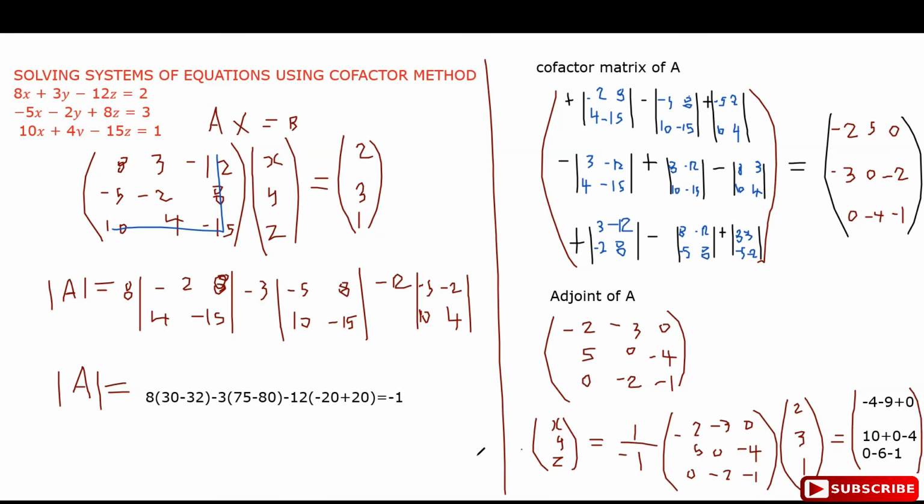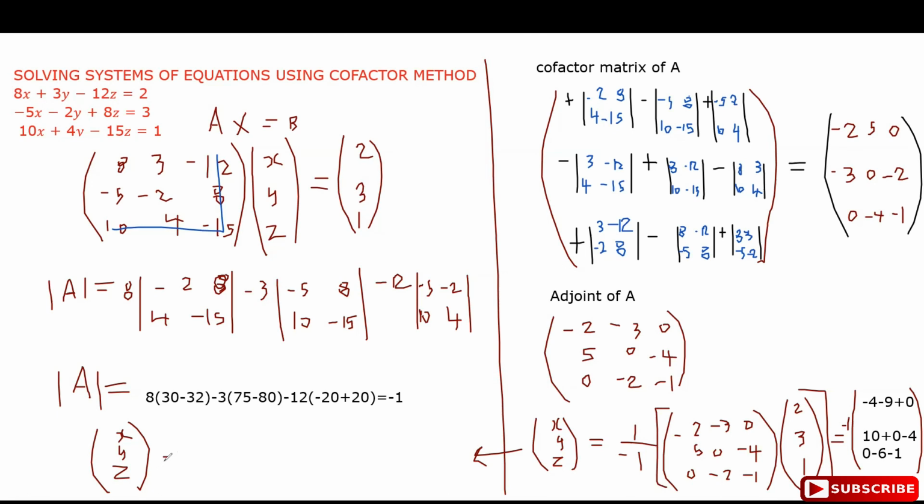And so let's bring it over here. Carrying it over, what we end up getting is x, y, z is equal to, so what I did is I multiply these two parts first, and then I times that result by minus 1.